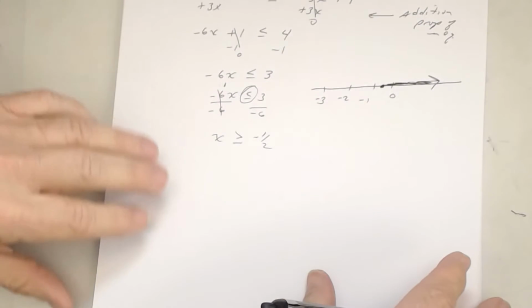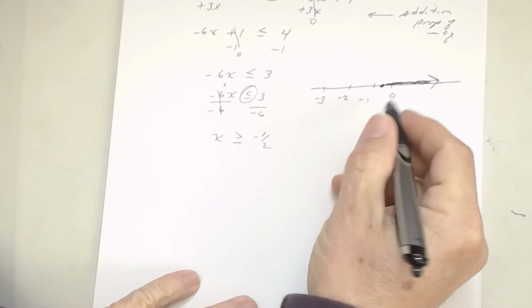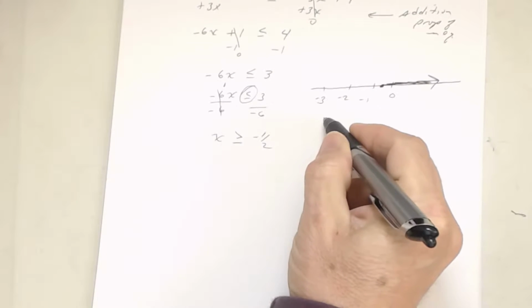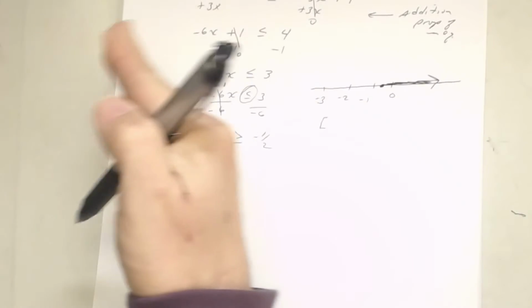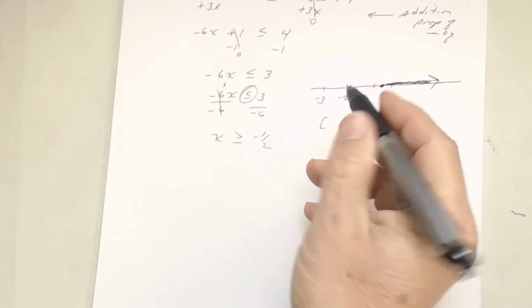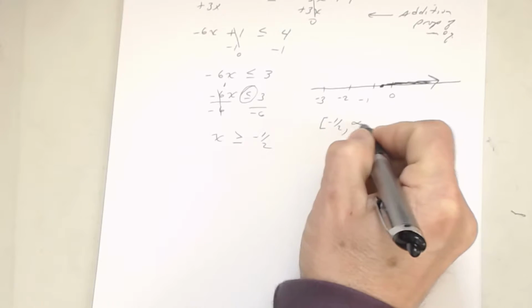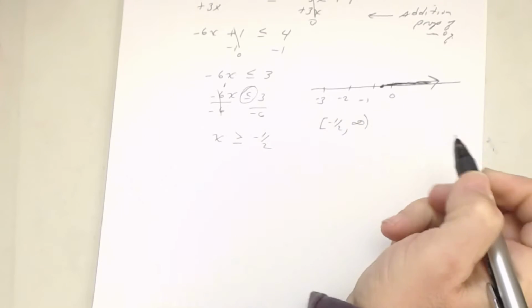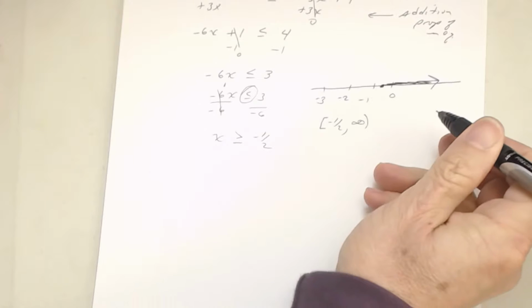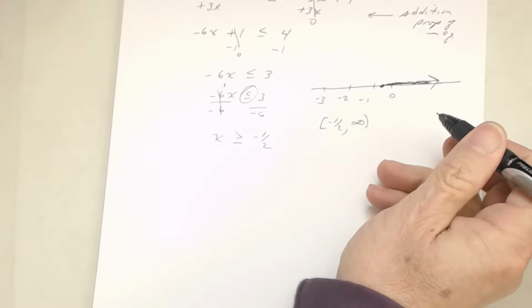Then we talked about set notation and interval notation. So let's do interval notation first. What would the interval notation look like? Bracket, good. So remember, you go from left to right, small to large. So negative 1/2, comma, infinity with parentheses. Good. Remember, infinity and negative infinity are always parentheses.